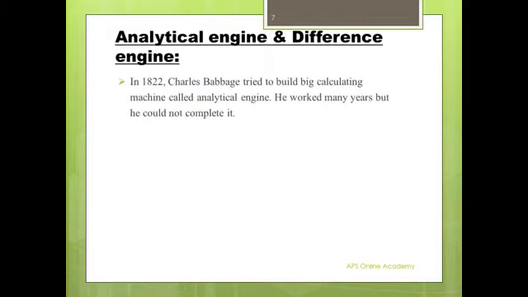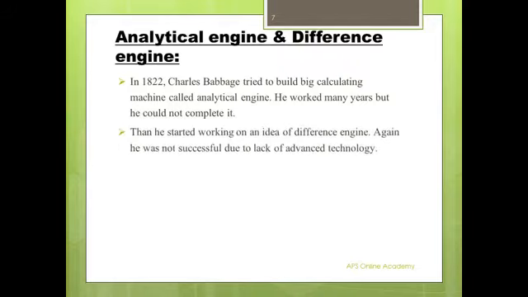Analytical engine and difference engine. In 1822, Charles Babbage tried to build a big calculating machine called analytical engine. He worked many years, but he was not able to complete it. Then he started working on idea of a new device he called difference engine. Again, he was not successful because the technology was not so advanced.